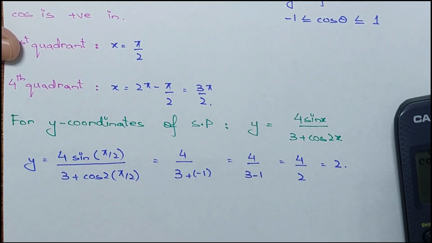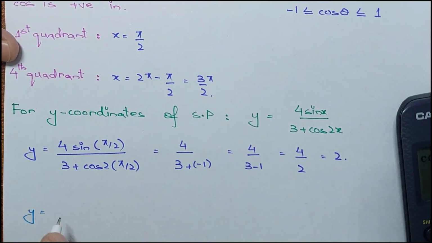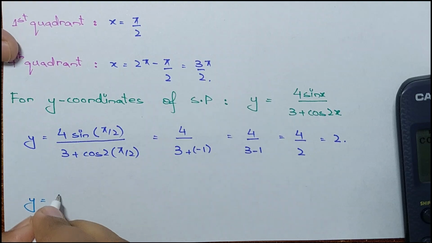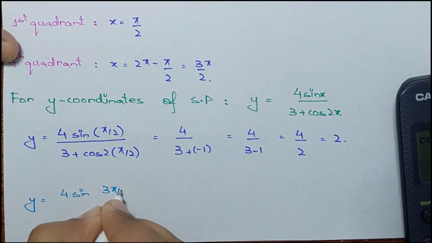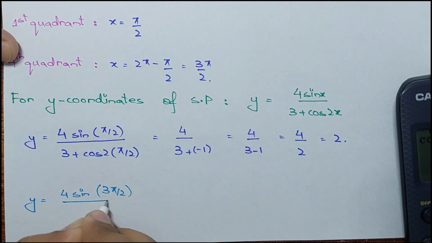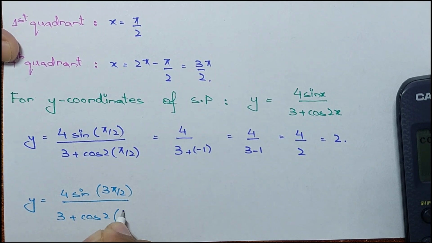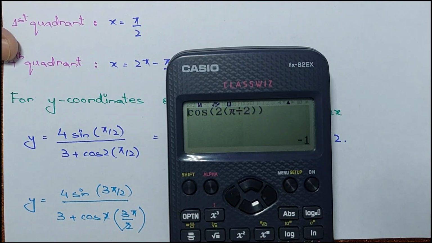Now we need to solve the next one: the y coordinate when x is 3 pi by 2. Okay, substitute everything. 4 sine 3 pi by 2, divided by 3 plus cos of 2 times 3 pi by 2. The 2 and 2 cancel, just 3 pi is left, right?